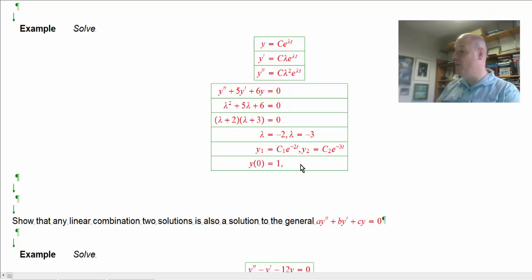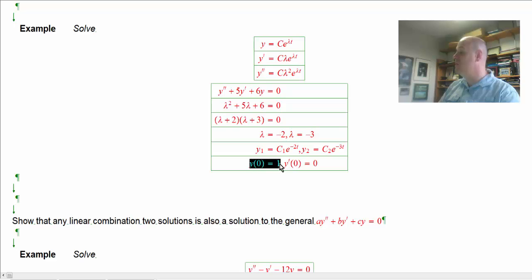Okay, I get another condition. The slope, let's say, is equal to 0. So this is basically saying that the solution to this differential equation goes through the point 0, 1 with a slope of 0. It goes through the point 0, 1 flat. Problem.